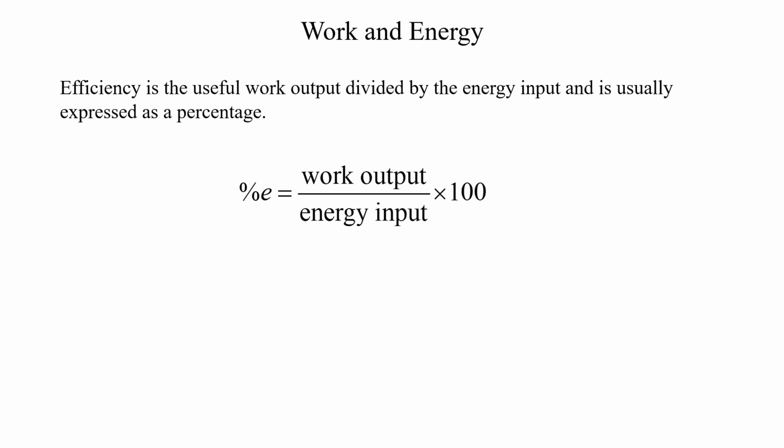So resistance of wires creates heat as well. So some of the energy we put in always gets wasted as heat, and so we cannot have 100% efficiency. Unless, of course, you're making a heater, right? If you're making an electric heater, all of your electrical energy will be converted into heat. So that can be 100% if what you want out is heat.